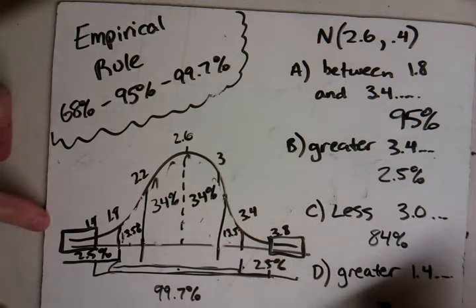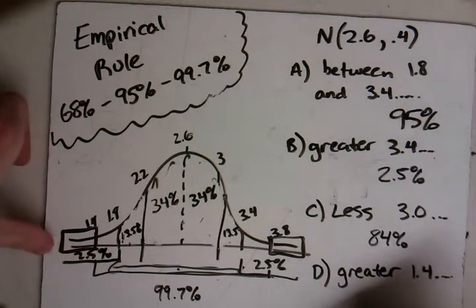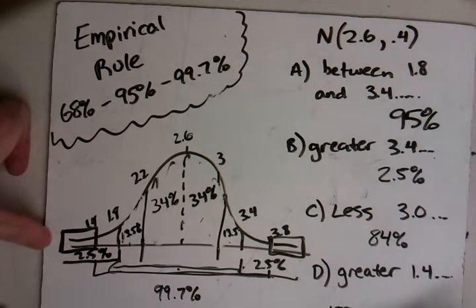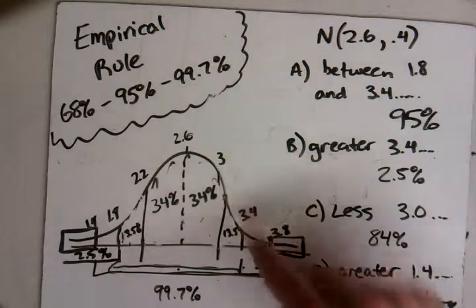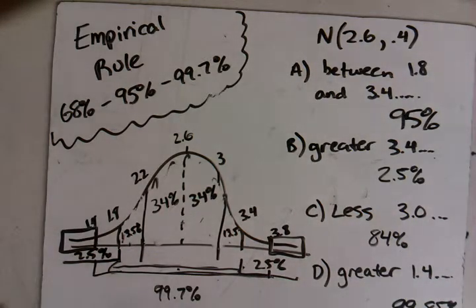So if I cut that in half, then only 0.15% of the population is less than a 1.4, which means that 99.85% of the population is greater than a 1.4. Remember that all these things have to add up to 100 because 100% of our population is under the curve.